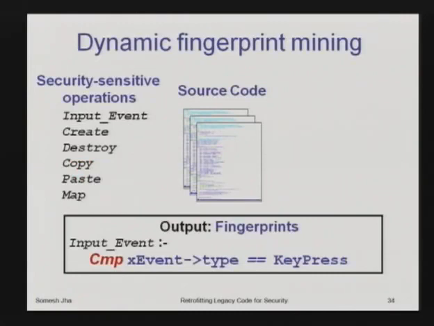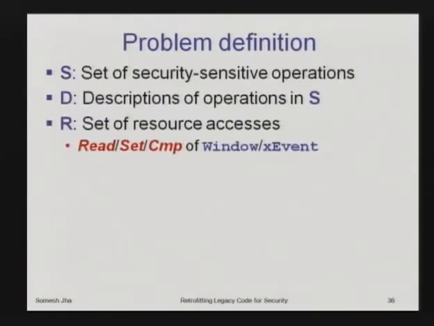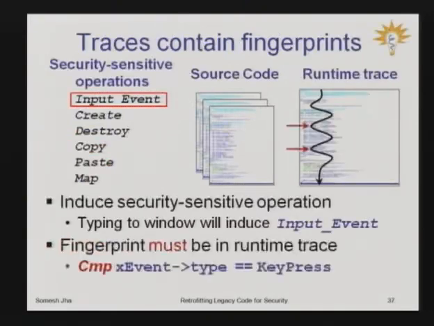Okay, so here's what we want to do. You give us the source code and some very high-level specification of input event, create, destroy, and so on, and out come these fingerprints. For example, the kind of thing that we need is something like this: that input event is some sort of a description of it, and I think the best thing is to just give an example here.